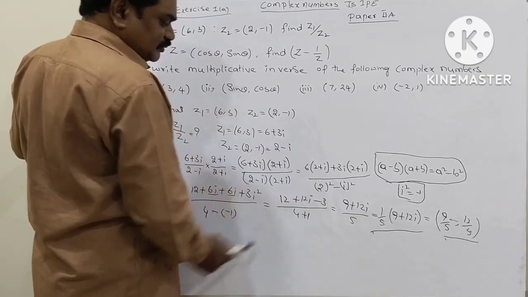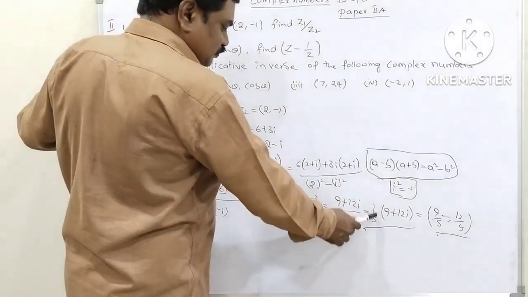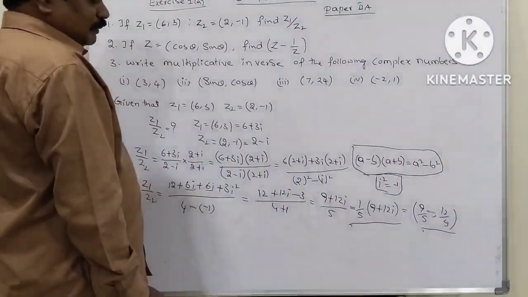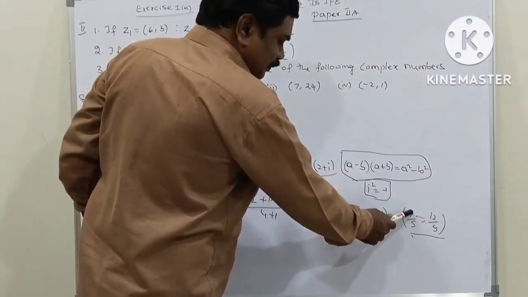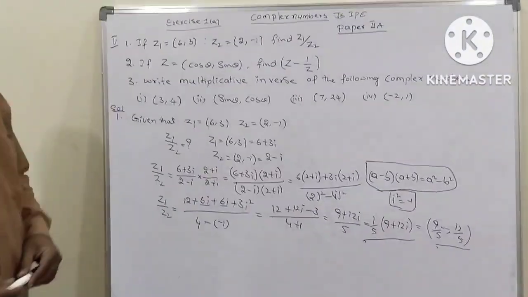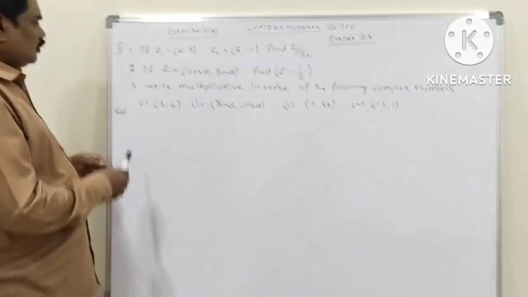This is 12 minus 3 is 9 plus 12i by 5. This is 1 by 5 of (9 plus 12i). This complex number written in the form of an ordered pair is (9 by 5, 12 by 5). This is the result.